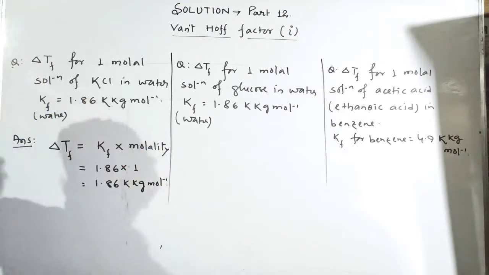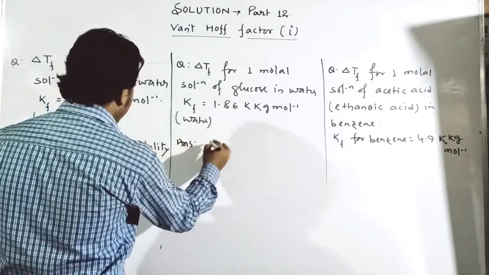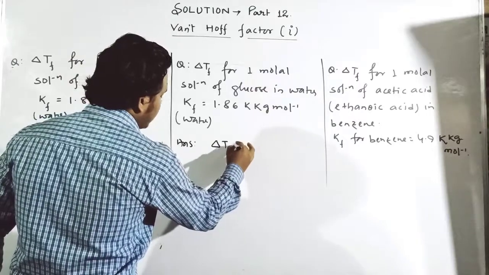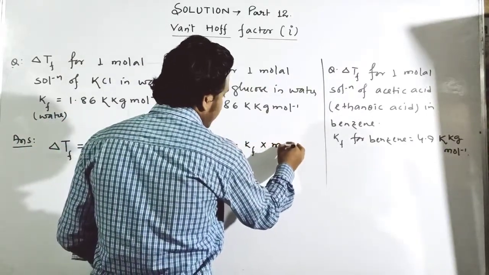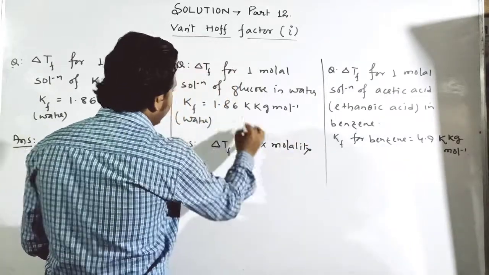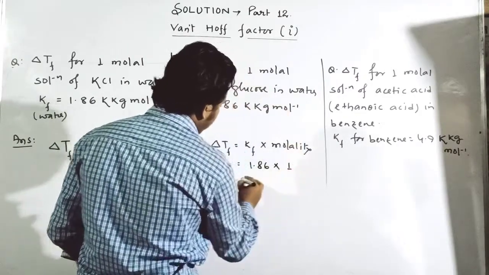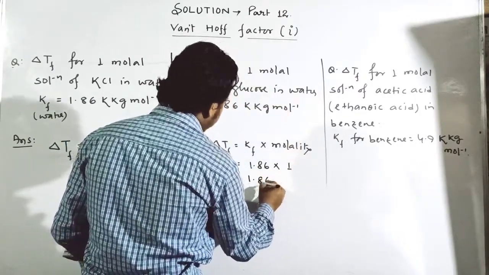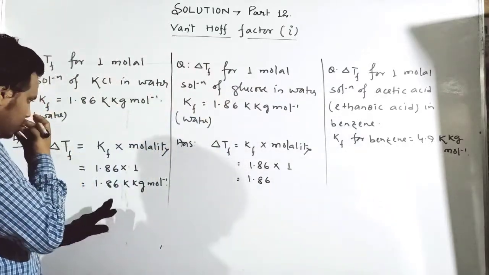Now in the second, what will be the answer? Same. Del Tf is equal to Kf into molality. What is Kf? 1.86. What is molality? 1. So 1.86. What will be the unit?